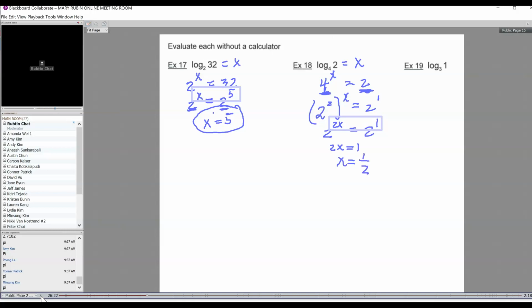Kind of strange. But if you think about it, if I've got 4 to some power equals 2, think about 4 to the 1/2. What does 4 to the 1/2 mean? How else could I write that? Caitlin, how else could I write 4 to the 1/2?